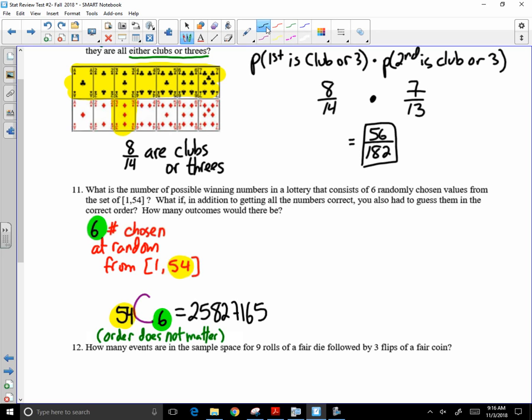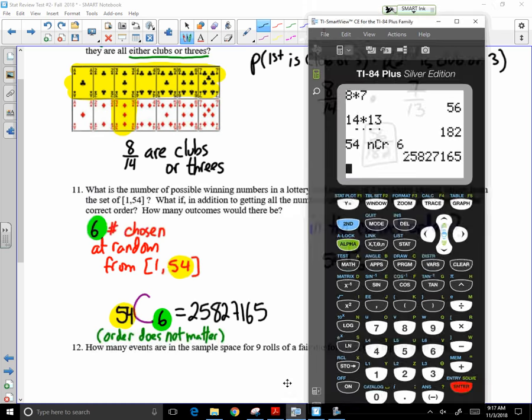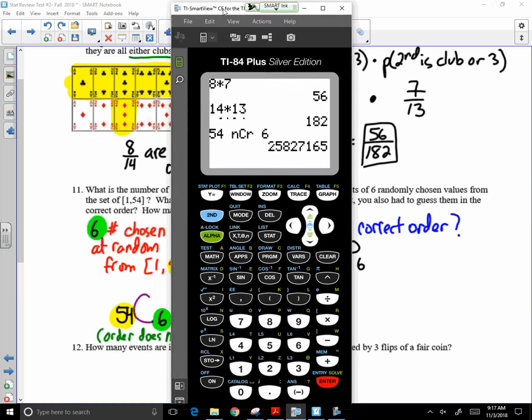Now, the follow-up to that would be that you do have to get them in the correct order. That takes our combination and makes it a permutation. So I'll take a look at that number in the calculator.